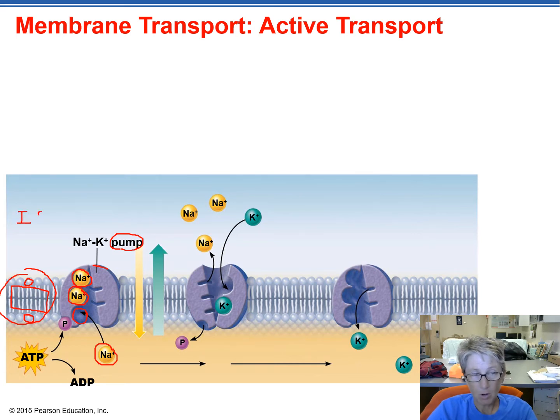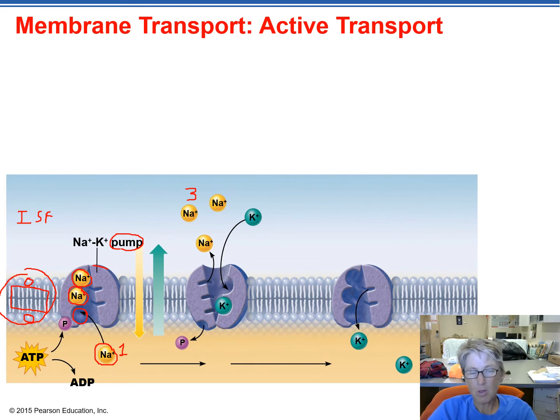Well, if you look at the cartoon, there are some clues. There are 3 sodiums out here, and in this part of the cartoon, let's just say there's 1 sodium here. So sodium is being pumped this way, from the intracellular fluid to the interstitial fluid.